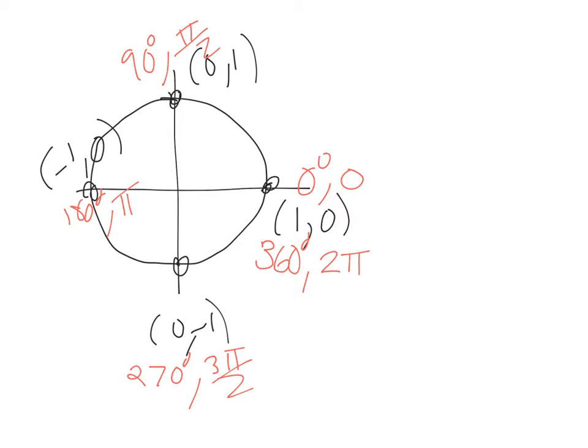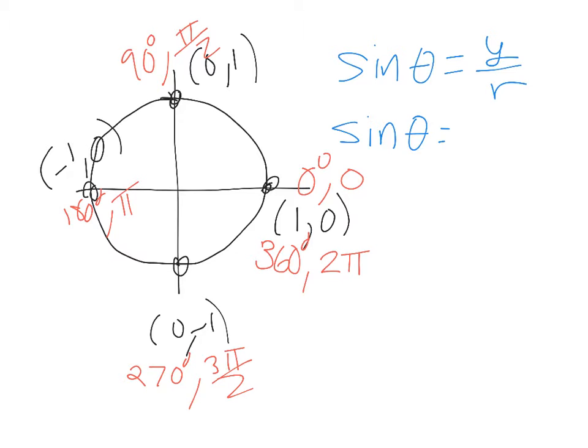And if we look at sine, it's helpful to remember that sine of an angle equals y over r. Because r is 1 in this particular case, we're going to use the unit circle as our reference. The sine is just looking at the y coordinate.